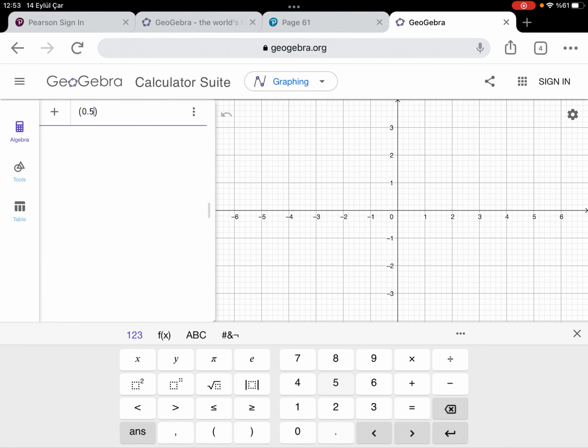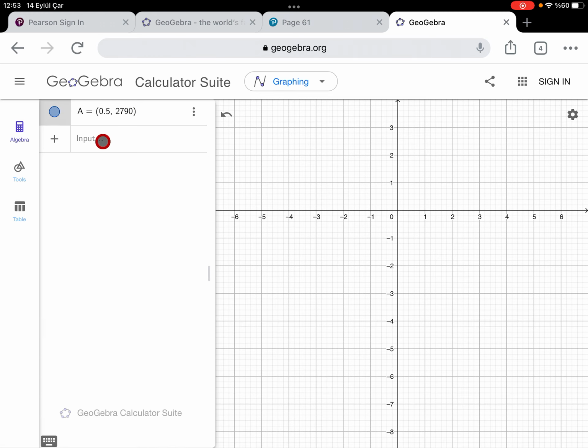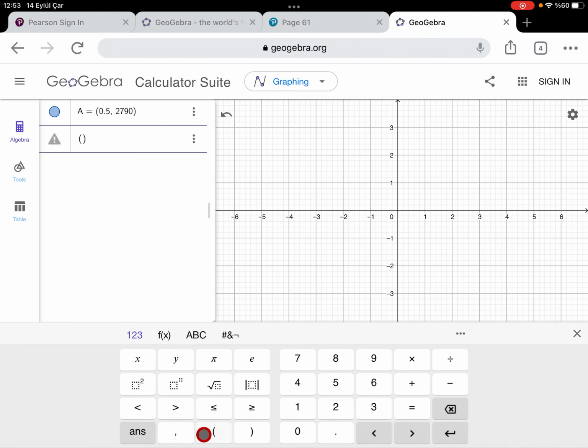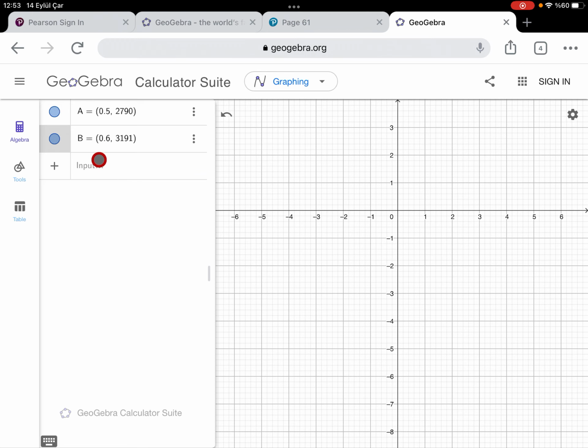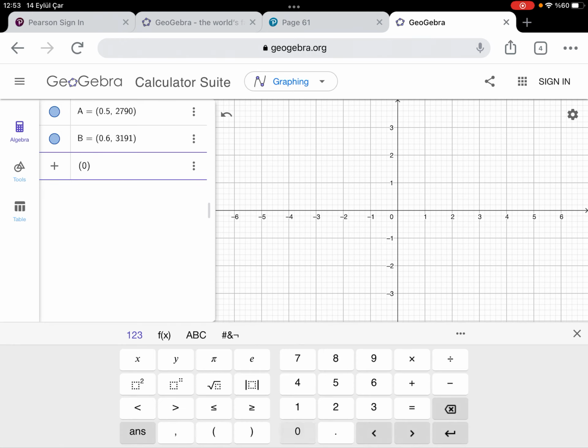So 0.5, 2719. This is the first point. And the second point, 0.6, 3191. And the third point, 0.7, 3694.